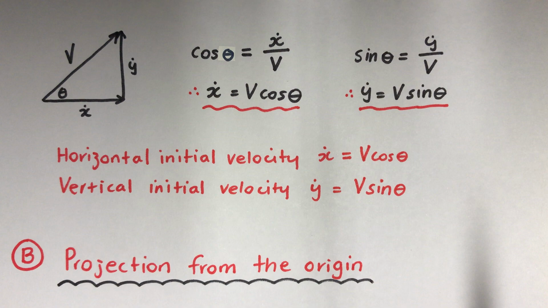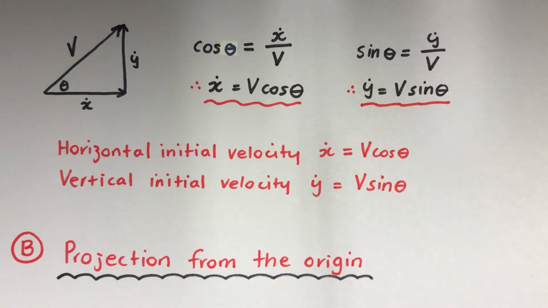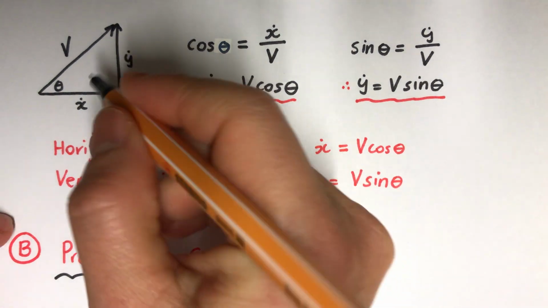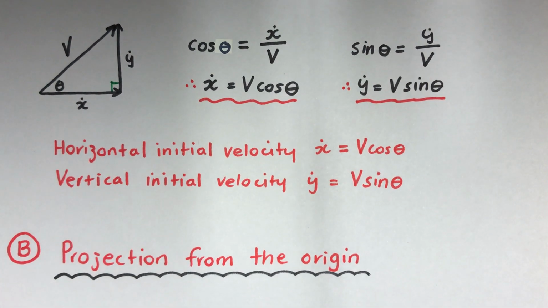Okay, so as you can see, we got this right angle triangle. I'll just make it into a right angle triangle right now, and then cos theta is x dot over v, and x dot, which is the horizontal initial velocity, equals v cos theta.